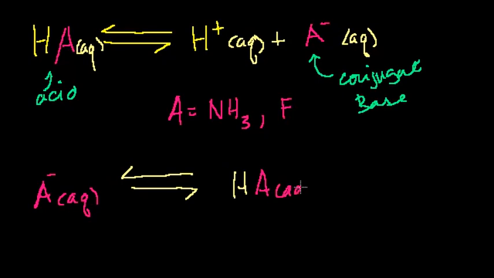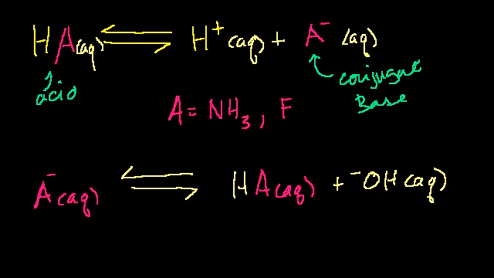It's still in an aqueous solution. And then one of those water molecules that it plucked that hydrogen off of is now going to be a hydroxide ion, because whenever I say pluck the hydrogen, I mean just the proton, not the electron. So the electron stays on that water molecule, so it has a negative charge. It's in an aqueous solution. So we could write the same reaction both ways, and we can write equilibrium constants for both of these reactions.